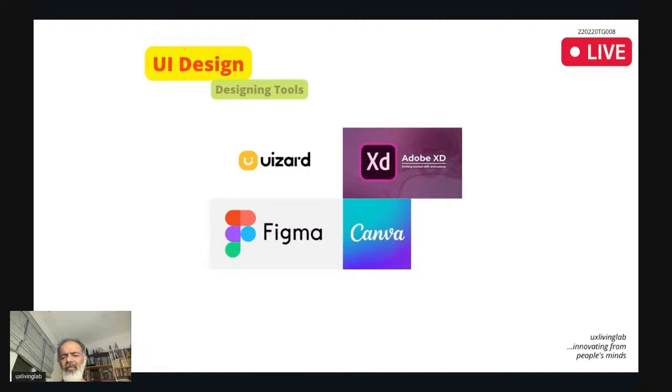UiZad and Figma are more towards designing, and they have programming windows. So when you use some commands or some icons, it will give you a programming part also. So you can continue from the programming, but actually that is not a very useful facility because programming mainly depends on back-end design and front-end design, as well as the technology design, the logic and the environment that these types of software can't cater to.